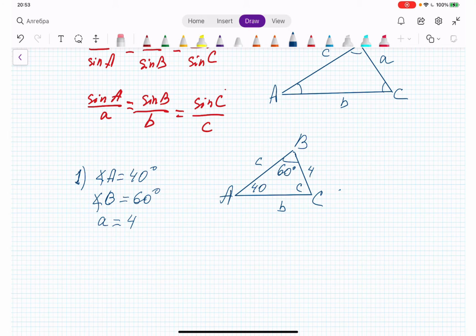Okay, so we need to find side b and side c.